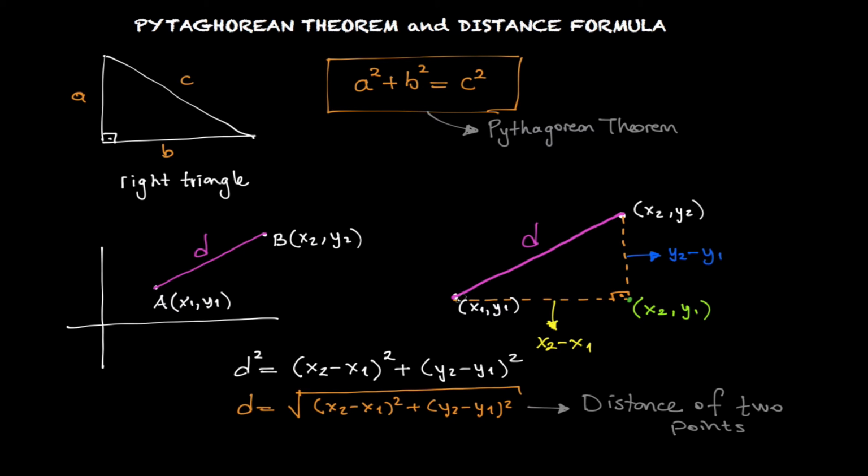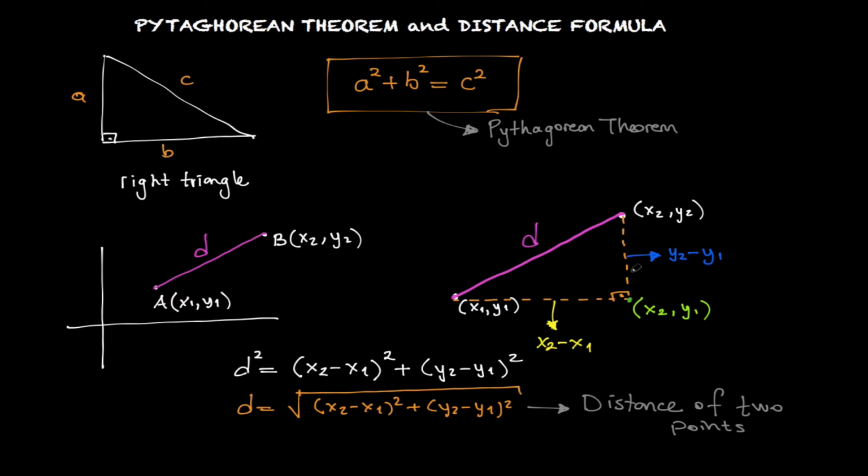So what are these distances? What are the lengths of these legs of the right triangle? Look here. This has (x1, y1), and this has (x2, y1). They are horizontal, as you can see. So x2 minus x1 is the length of this leg of the right triangle.